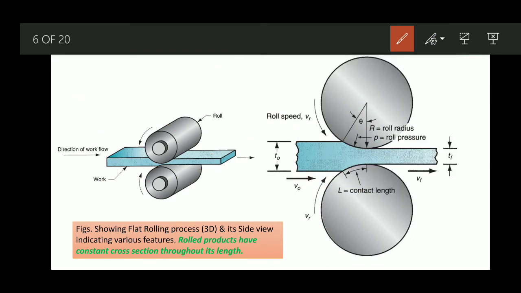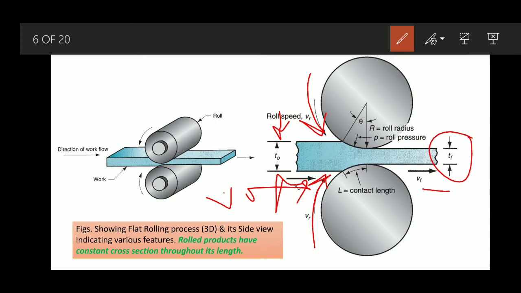Now in this figure you can easily see the roll speed. The rolls also will have some peripheral velocity. This is t naught and v naught, the initial thickness and initial velocity, and this is the final thickness and final velocity. With respect to the two rolls, this r is the roll radius, and there will be some roll pressure denoted by p.